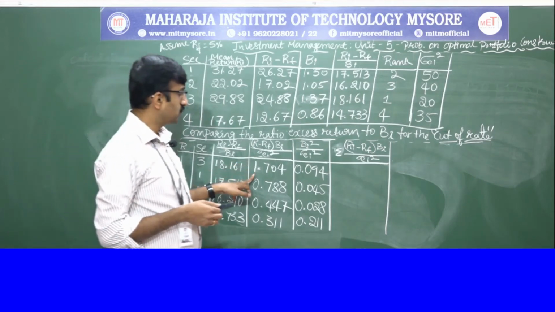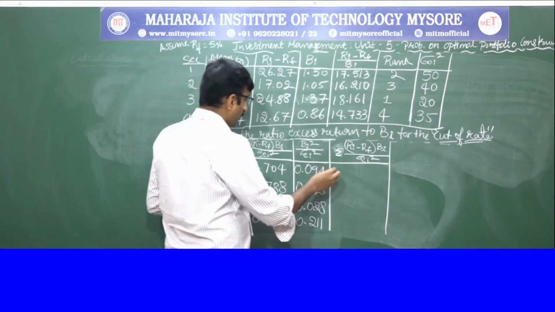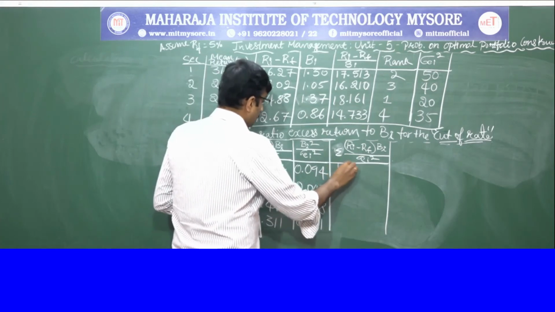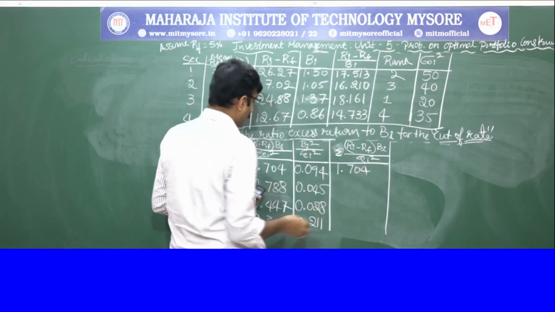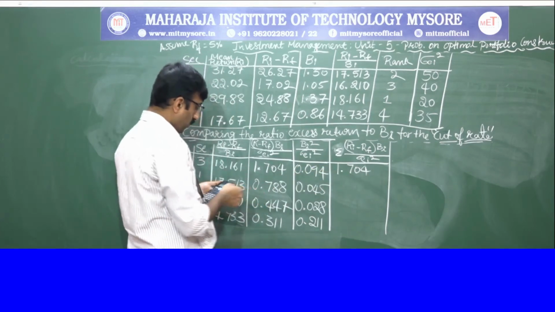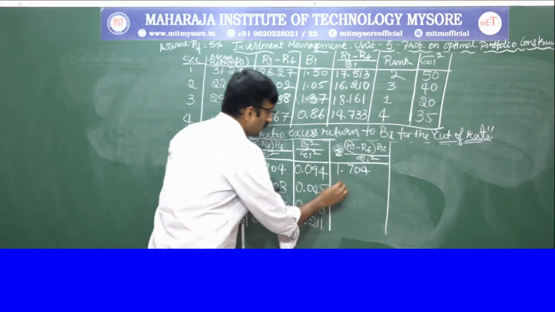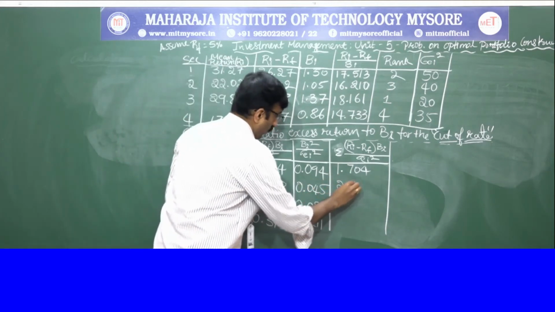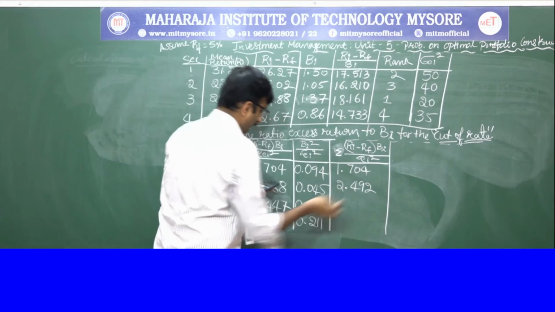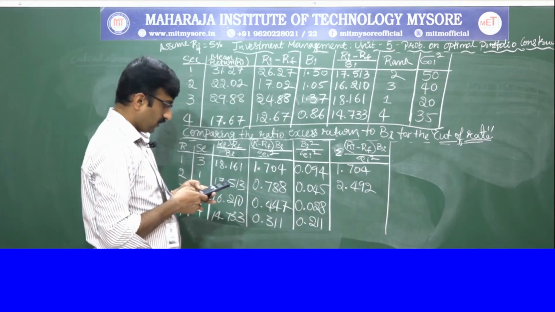Yes, cumulative of this one you do it. Cumulative factor of this one is 1.704, okay, plus 0.788, if you do, we will get 2.492 plus 0.447.